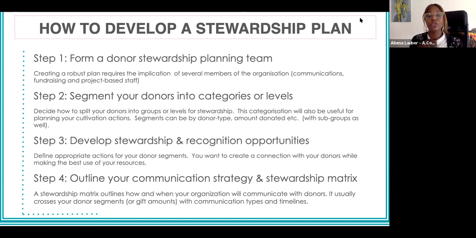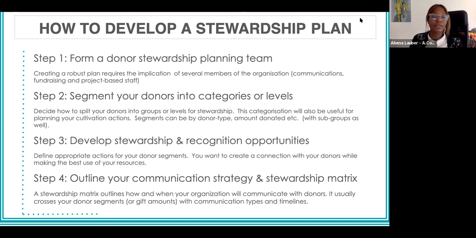Third step, develop stewardship and recognition opportunities. Then you'll define, okay, for all these categories, when we receive the money, 24 hours later the director will make a call for everybody who made a big grant, or we will send an email signed by so-and-so. So you define the types of things you're going to do.